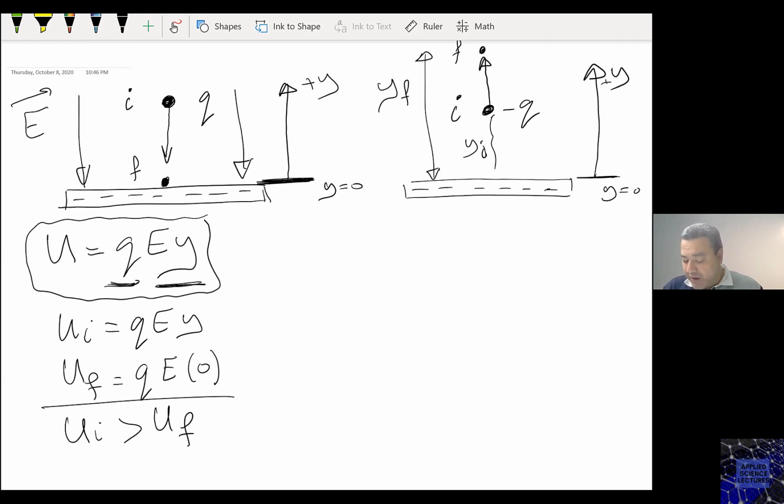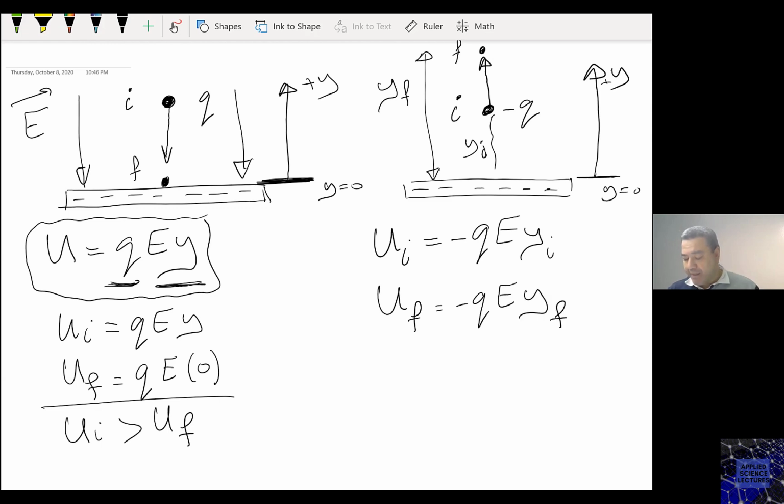Then if I am to write, UI is minus Q, because it's negative, EYI, and UF is minus QEYF. Now YF, yes, indeed, is greater than YI.